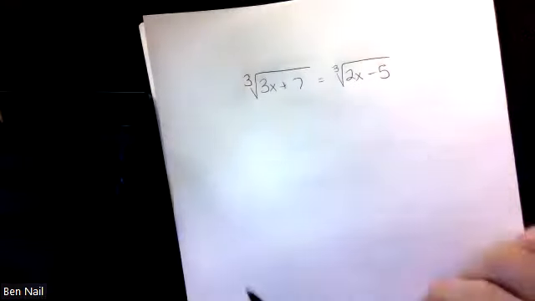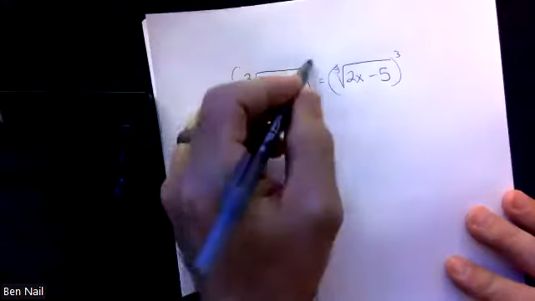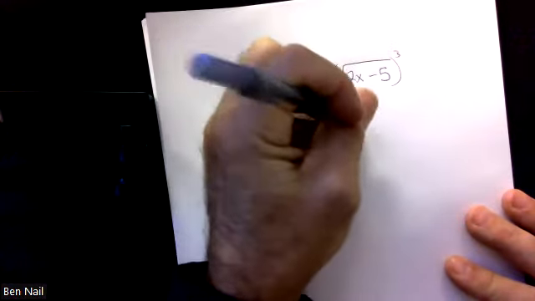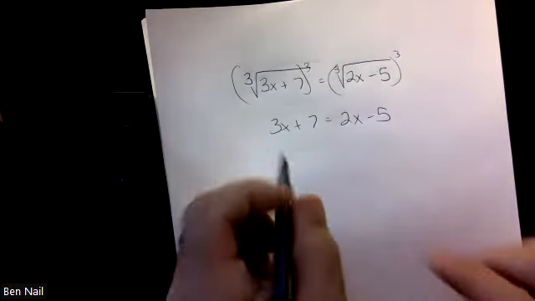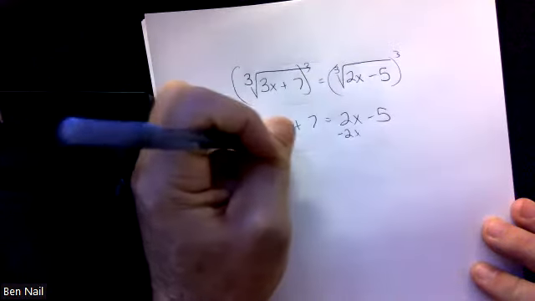In this case, they are both by themselves. So to get rid of my cube roots, I can again cube both sides, and essentially that just gives me whatever was inside of the radicals. And now this is just a linear problem we can solve.